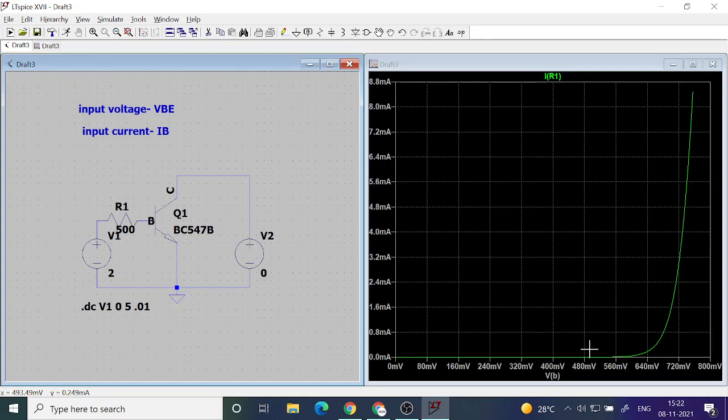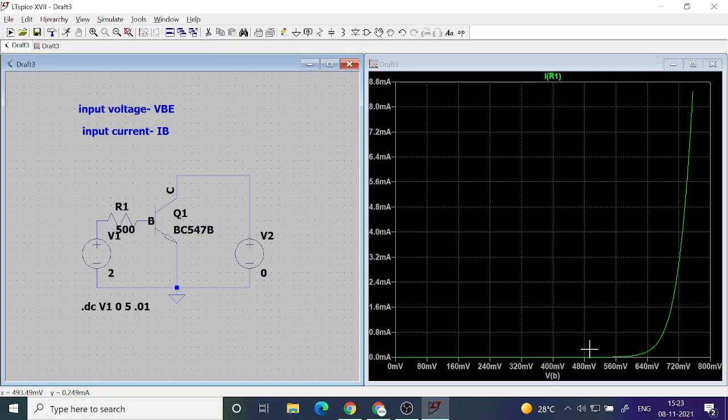Now you are seeing an input characteristic for V2 equal to 0. V2 is what? Collector to emitter voltage. I kept V2 at 0, which is collector to emitter voltage 0. I vary the base to emitter voltage and note down the base current.